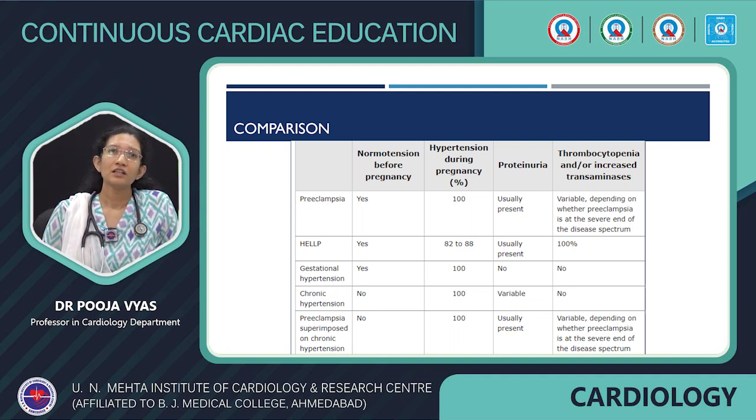And in chronic hypertension with superimposed preeclampsia, the patient will not be normotensive before pregnancy. There will be hypertension during pregnancy, and presence of proteinuria to diagnose superimposed preeclampsia. The features like thrombocytopenia and increased transaminases will be variable.